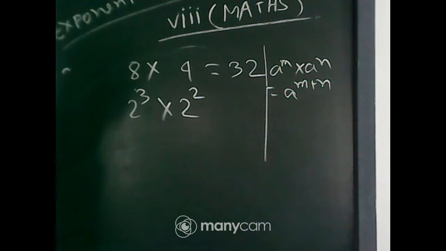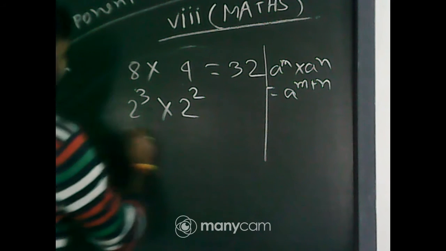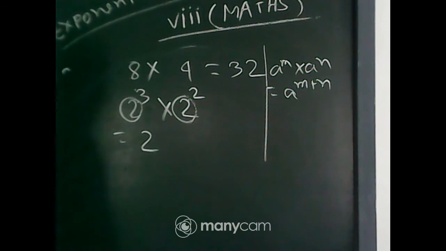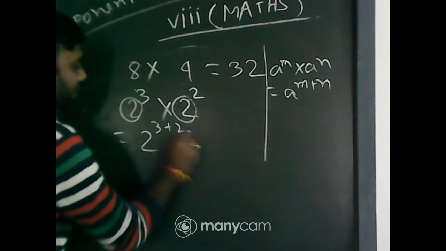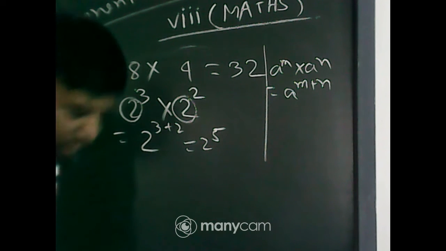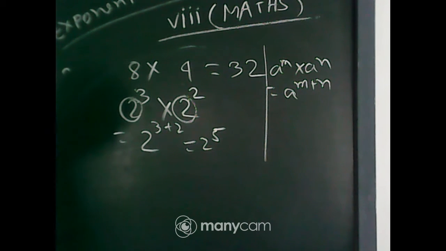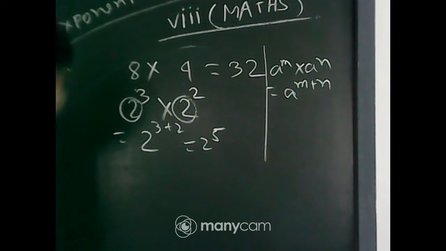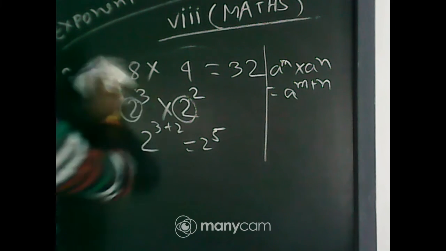So here it will be 2 to the power 3 into 2 to the power 2. The bases are the same, so you can add 3 plus 2, that is 2 to the power 5. Got it, everyone? That is multiplication of exponent form.